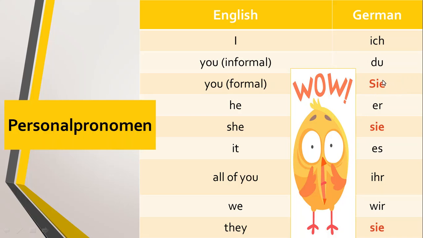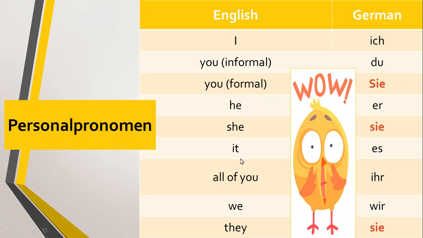The you formal is used by any person talking to a stranger or someone you have met once or twice, someone who's older than you, and somebody who's also higher in rank at your workplace.